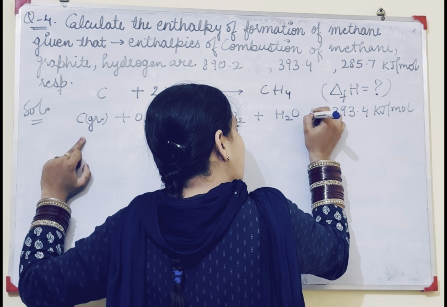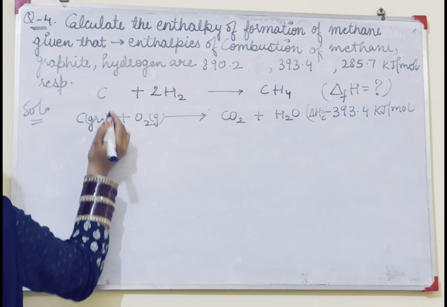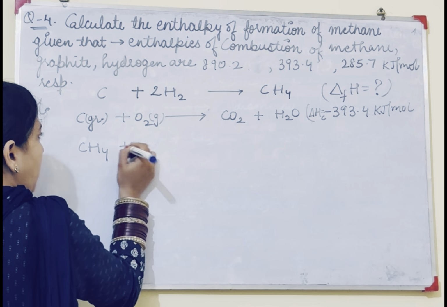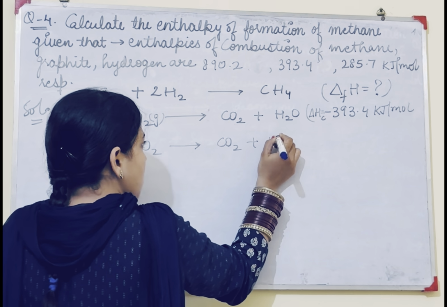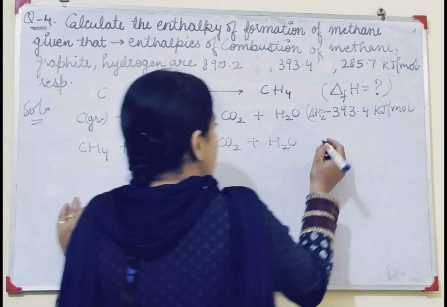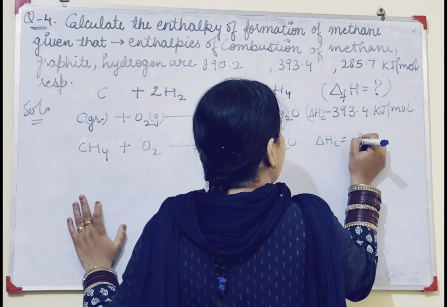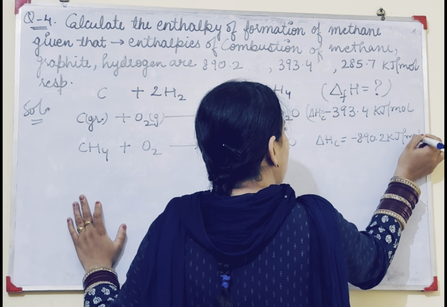This is delta H combustion. Next, combustion of methane, CH4 plus O2, it will form CO2 plus water. So delta H combustion is minus 890.2 kilojoule per mole.